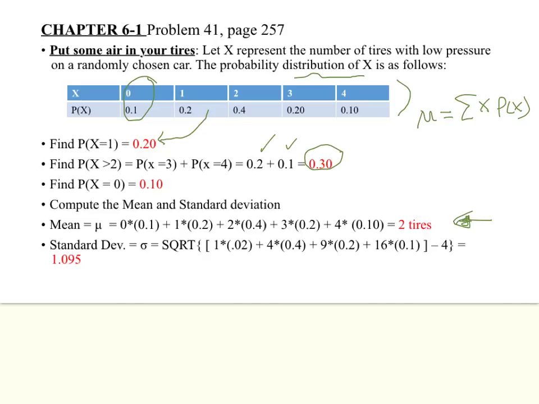For the standard deviation, the book shows that you can calculate the standard deviation in the following way.